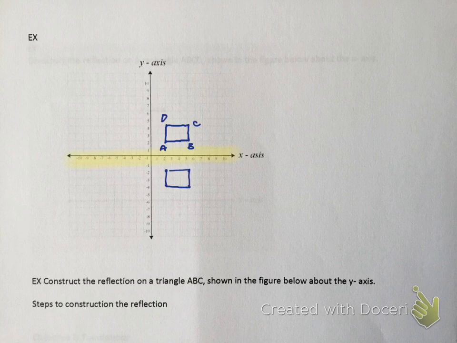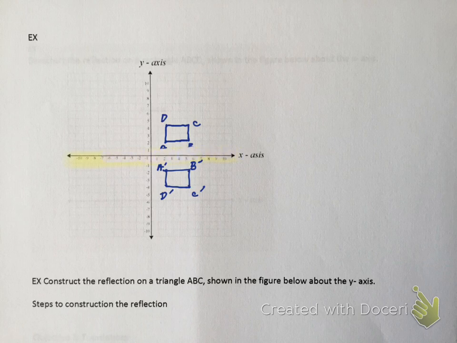So this is my new figure, so this would be A prime, B prime, C prime, and D prime. So that's reflection about the x-axis. Notice that A and A prime are equal distance from the x-axis. So that's an example of a reflection about the x-axis.